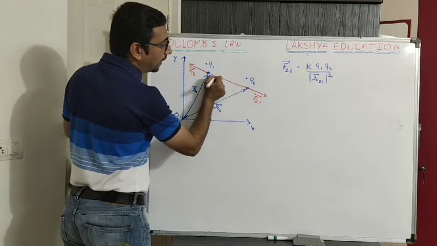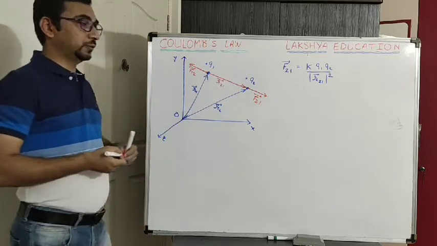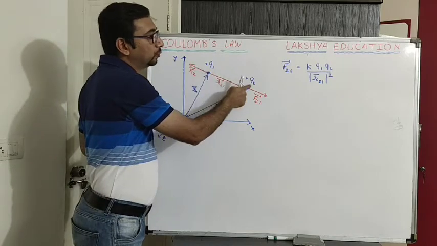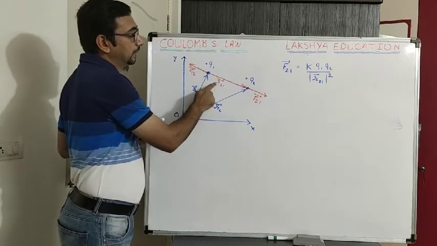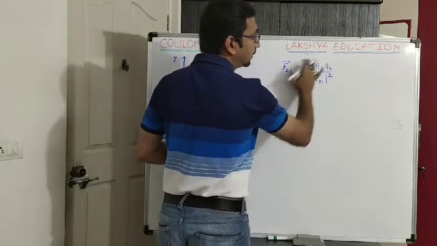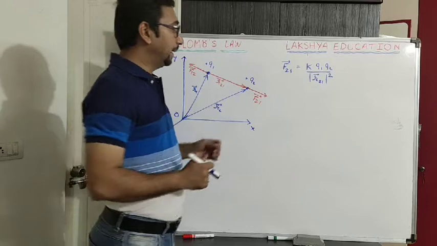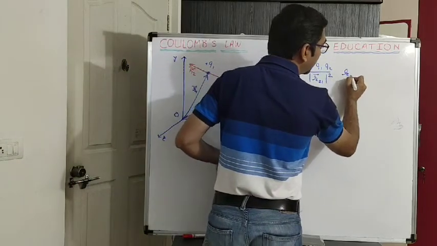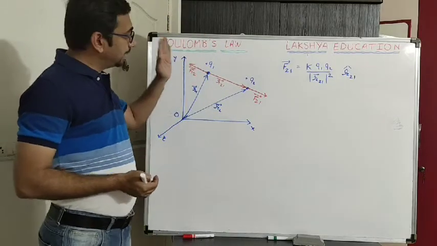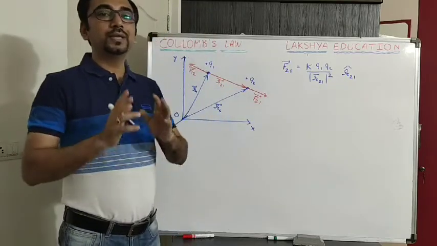So this will be our r21 vector, and the magnitude of the r21 vector is the distance between q1 and q2. Here this whole represents only the magnitude of the force, but we need direction also. So direction is always represented by a unit vector along the direction of force, and force is acting in the direction from the first charge to the second charge. So here we will write r21 caret.